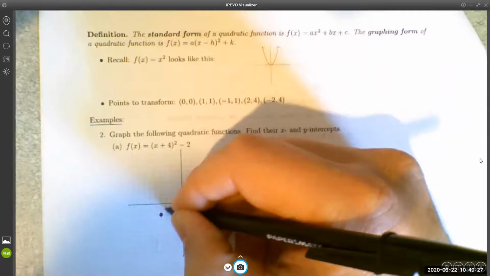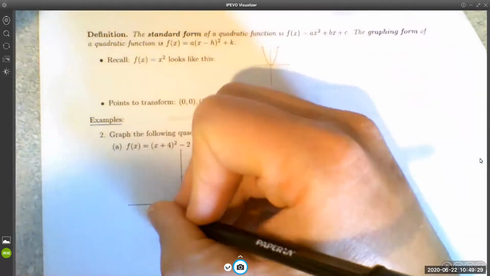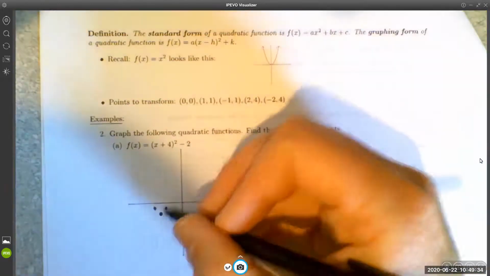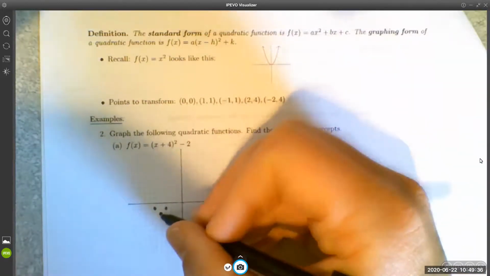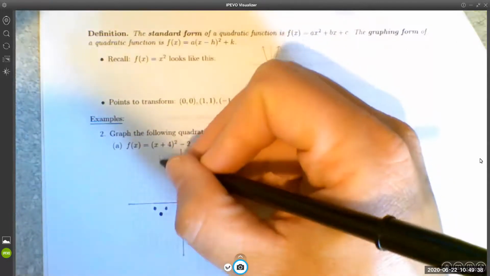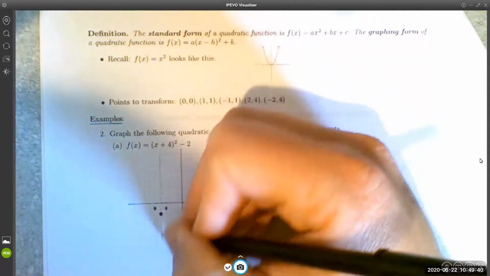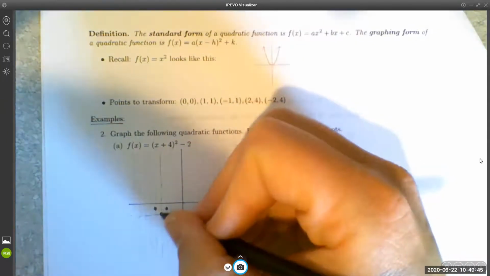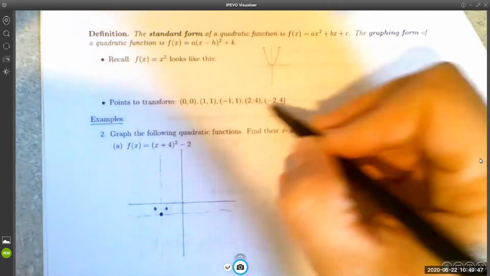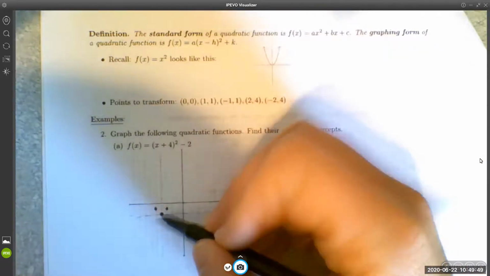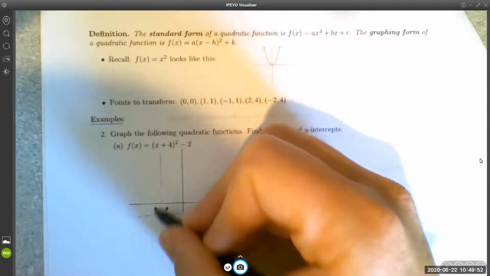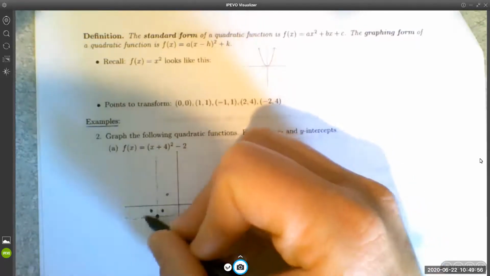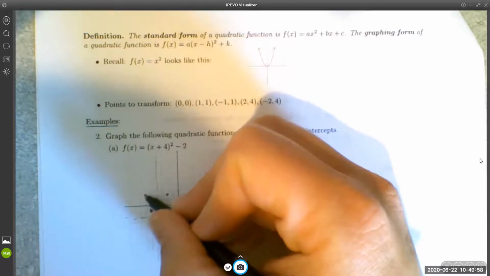But what you notice when you do this is that these points retain the same configuration, right? So from the vertex, I can think of the vertex as my new origin, if you like. I can think of this vertex as the point (0, 0). And then these other 4 points are on this graph, right? (1, 1), (-1, 1), (2, 4), (-2, 4), right?